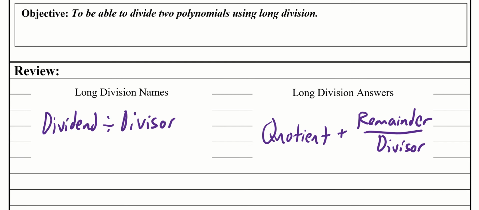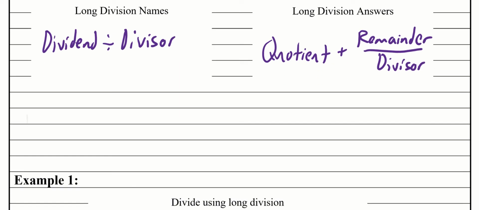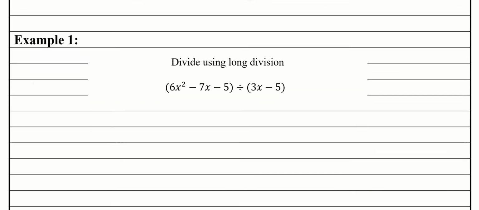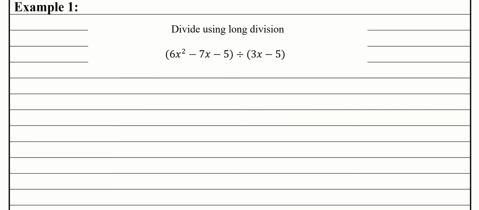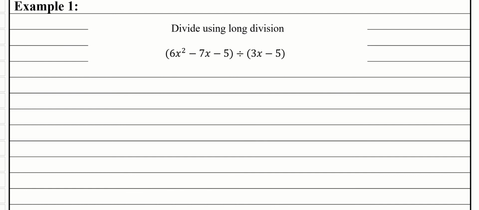Now that we have these ideas down, let's look at a few different examples. If you need to pause your video to write these down, you can. Let's say I have 6x squared minus 7x minus 5 divided by 3x minus 5. Just like you saw with long division yesterday, the first value is our dividend and the second value is our divisor.